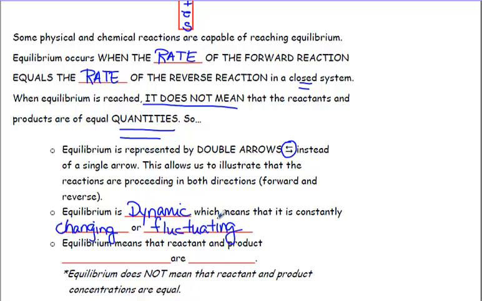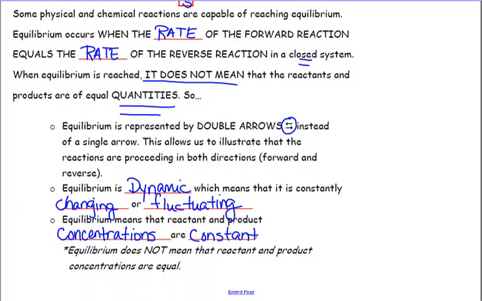Equilibrium means that reactant and product concentrations are constant, but not equal. So they're going to remain constant going forward and reverse, but they will not be equal. Equilibrium does not mean that reactant and product concentrations are equal. Very, very, very important. I would memorize that.